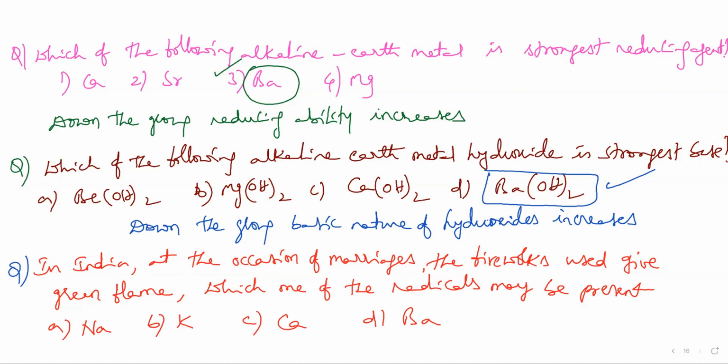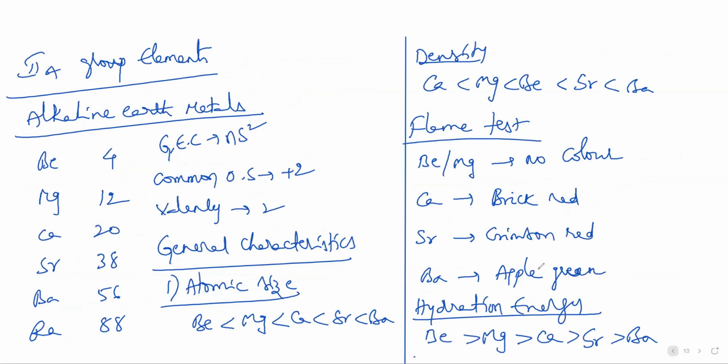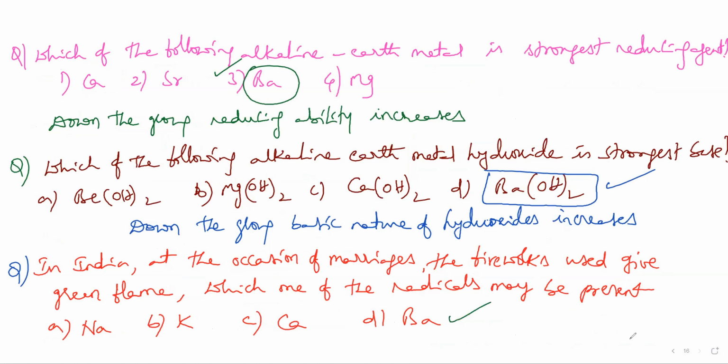Already we have seen flame test, right? So green color, here you can see. Who is giving green color here? Apple green, that is barium. So do we have barium option here? Yes. So this is a correct option. Barium will give you apple green colored flame, right?